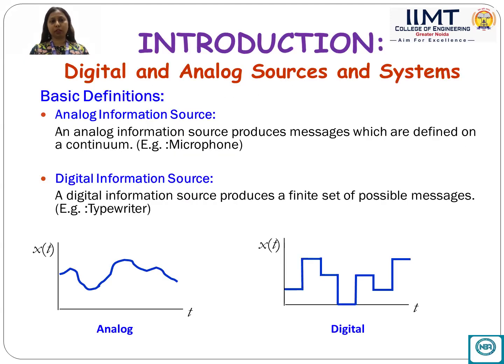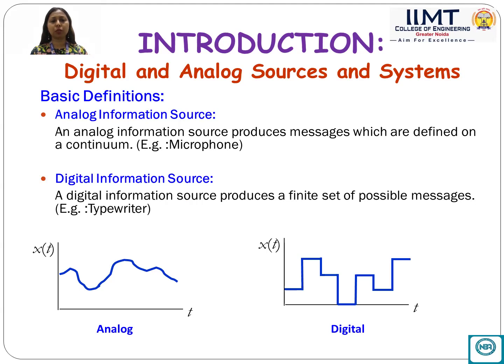After that, introduction. What are digital and analog sources and systems? The basic definition: an analog information source produces messages that are defined on a continuum. An example is a microphone.